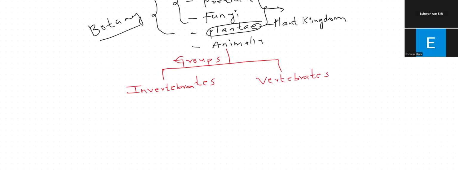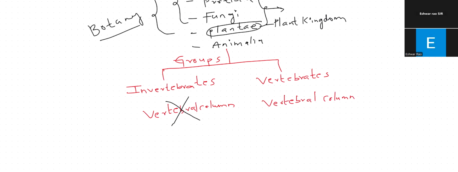Here, vertebral column is absent. When vertebral column is absent, it is called as invertebrates. When vertebral column is present, then it is called vertebrates.